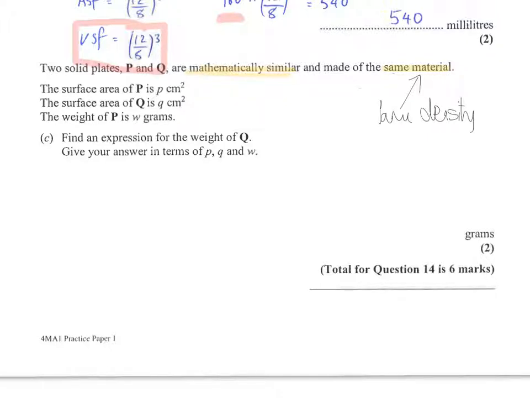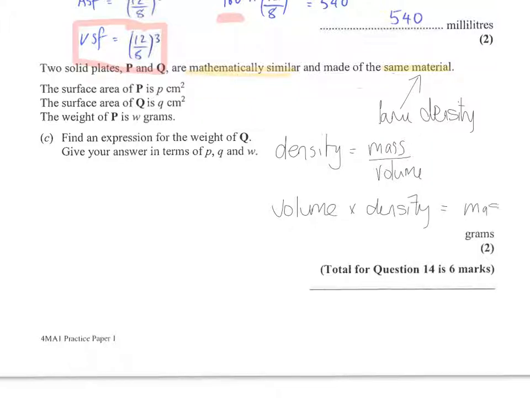The same density. Now if I think of my formula, density equals my mass divided by my volume. The rearrangement of this is that my volume times my density equals my mass.